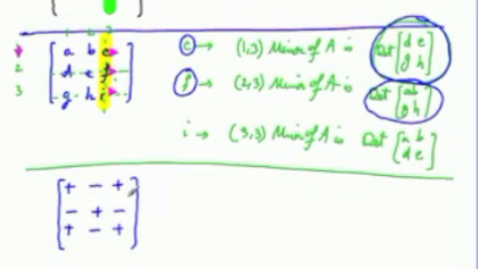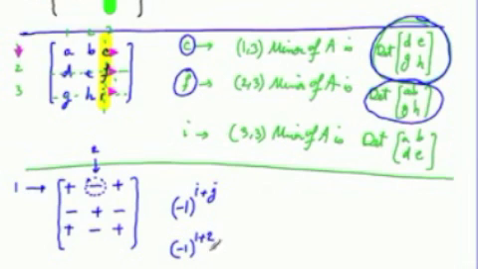If you want a formula for the sign itself, it is -1 to the power of row number plus column number. For example, what is the sign for row 1, column 2? It would be -1 to the power of 1 plus 2. What would you get? -1 to the power of 3, which is -1. So that's what the sign is.